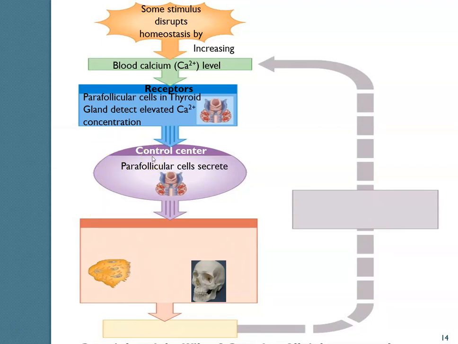These cells which produce calcitonin are surrounding the follicles which produce the thyroxine, so these parafollicular cells will release calcitonin. What calcitonin does is kind of the opposite of what PTH did. So here it's going to inhibit our osteoclasts. It also will promote osteoblasts, which will cause calcium to be deposited in bone.